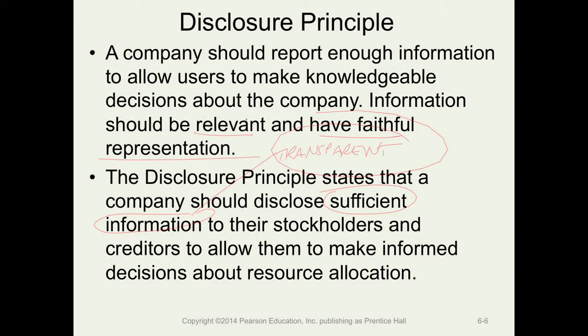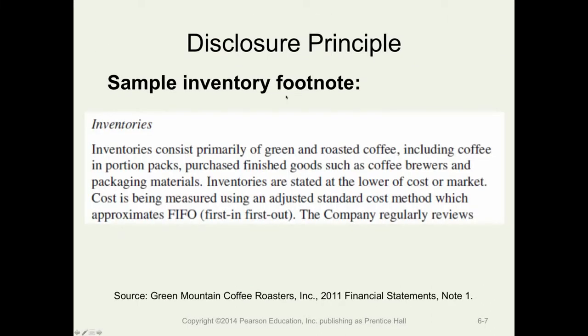So full disclosure means that we must report any information that would influence the judgment, decision making of a reasonably informed user. And that is actually going to take us to something that we might think of as materiality in a few minutes. If it's significant enough to influence judgment, then it's material.